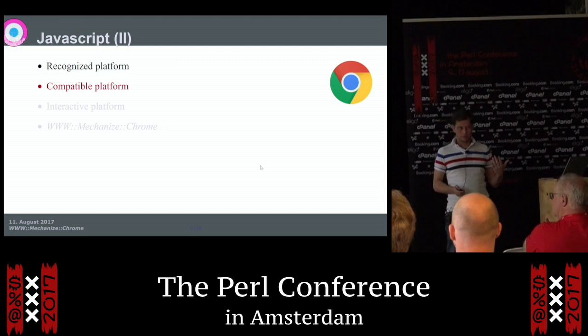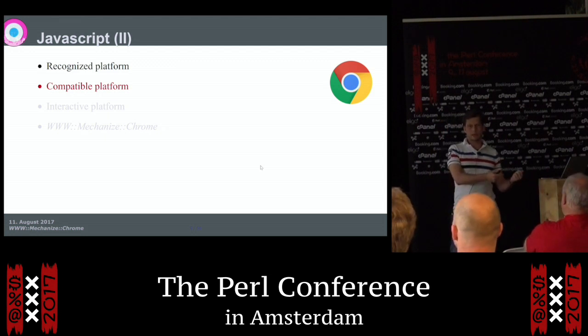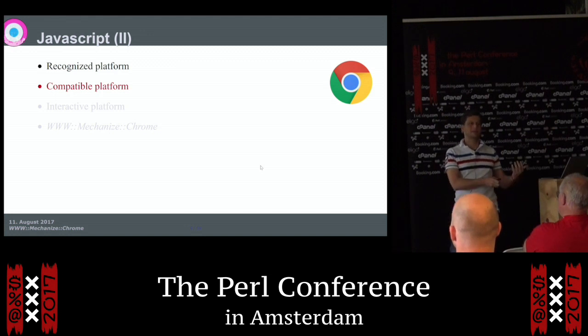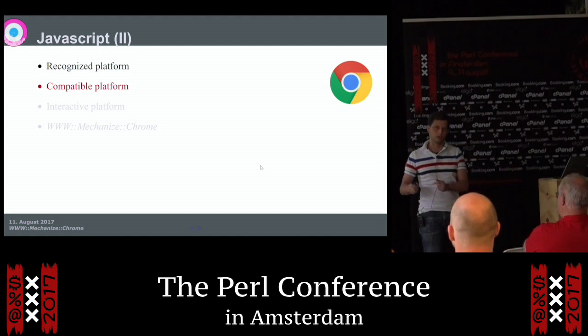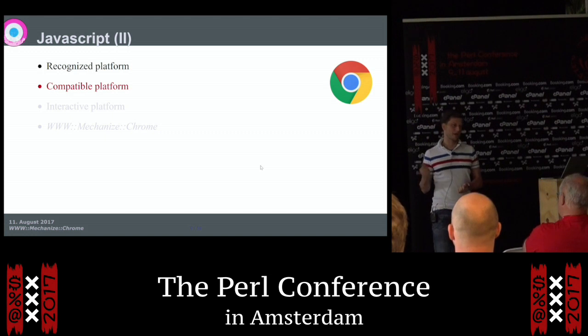Like, your website does not work with my custom hack job of implementing my own browser gets a worse response than your website does not work in Chrome or your website does not work in Firefox. So that's why I keep coming back to Chrome.